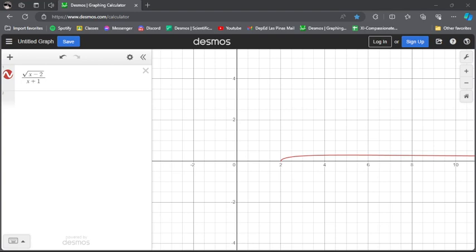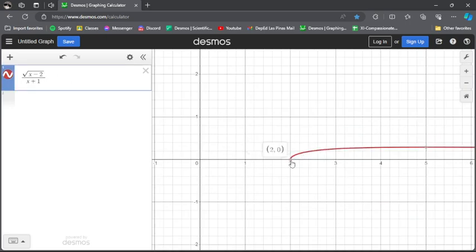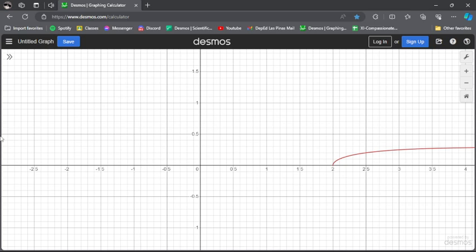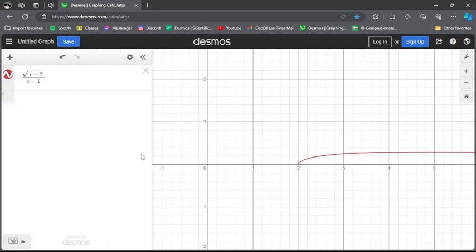If we look at the graph of the function, the square root of x minus 2 over x plus 1, we can see that the graph stops at 2, 0. We can also see that there are no values to the left. The graph doesn't extend to the left, it is only to the right. The values to the right will definitely exist, however to the left, we can see that it does not exist.